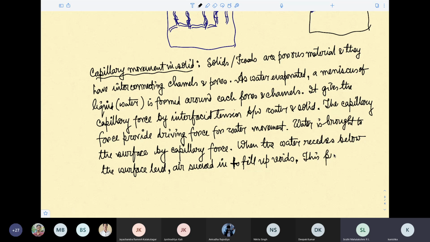This process is called funicular drying.